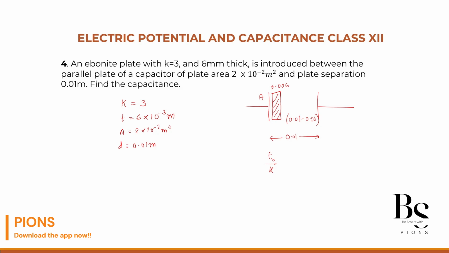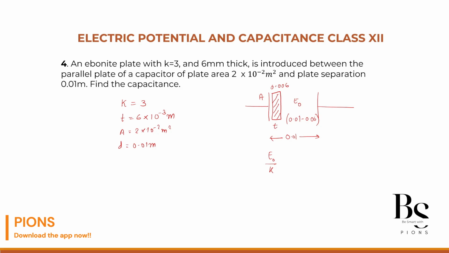So here, there is no dielectric, so simply the electric field will be E naught because it is not there. The dielectric will polarize, and because it gets polarized, the electric field changes across the dielectric, right? Great. We don't know the value of the electric field, so don't worry about that.